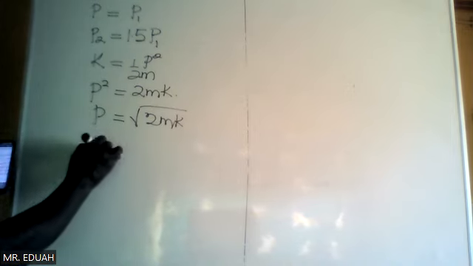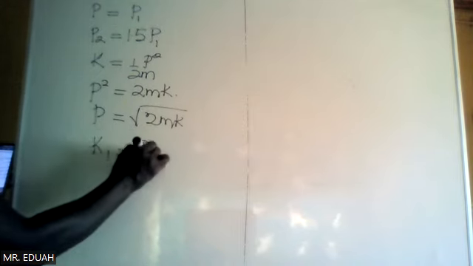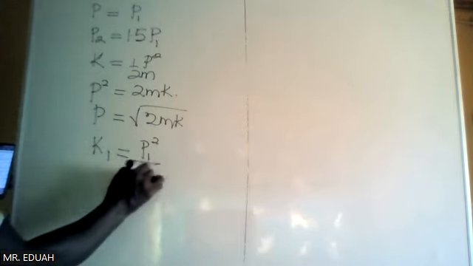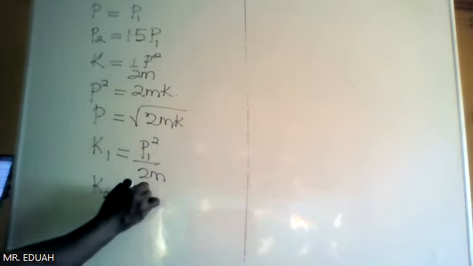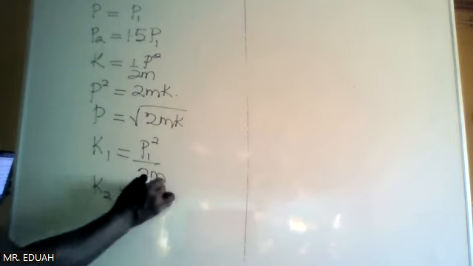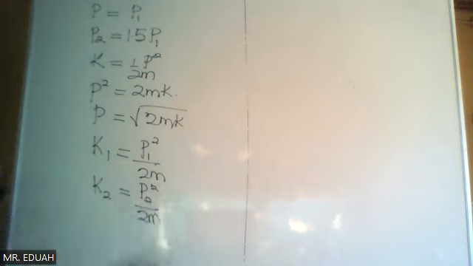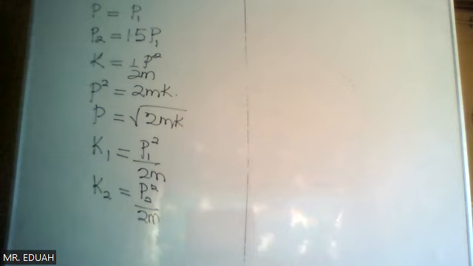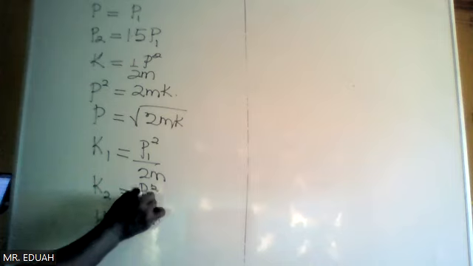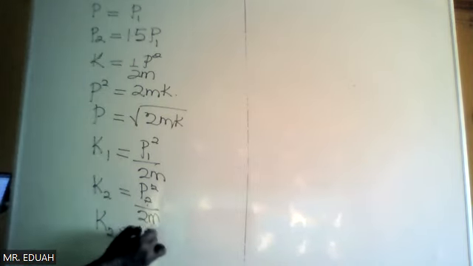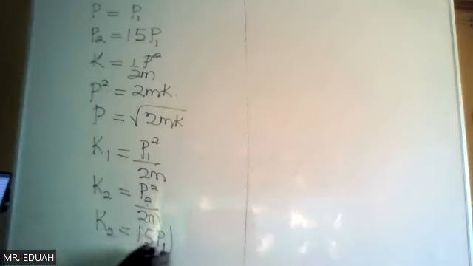So K1 is equal to P1 squared on 2m. K2 must be equal to P2 squared on 2m. It's the same mass, so it is just the momentum that is being changed. So K2 will therefore be equal to P2, which is 1.5 P1, all squared divided by 2m.